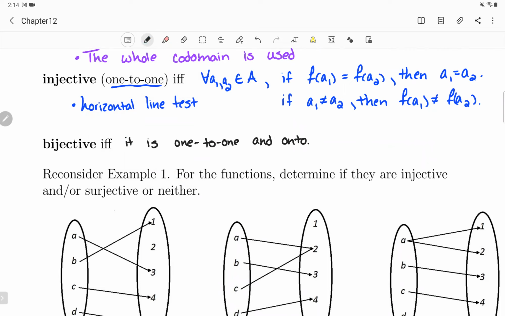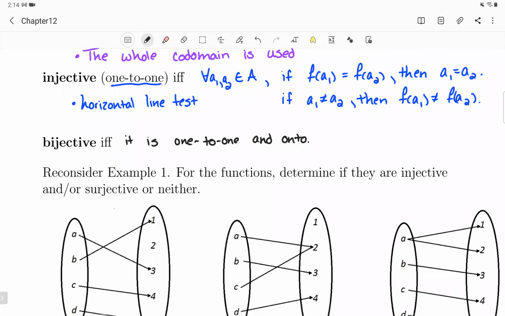It just stays bijective. That type of function is called a bijection. So a function that is bijective is a bijection. Those are probably the most important class of functions we deal with a lot in math, that you guys will see over and over and over, bijections.